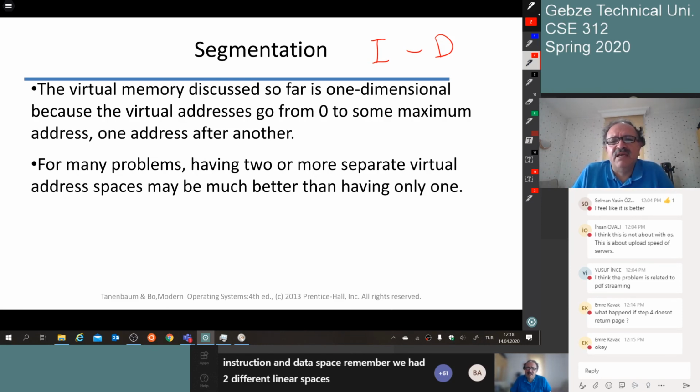Segmentation takes this idea, and instead of two different linear spaces, segmentation says that you will have thousands or tens of thousands of linear spaces. That's the idea of segmentation. Why do I have to have a single linear space? As a programmer, I would like to have many linear spaces, and I will treat them separately.